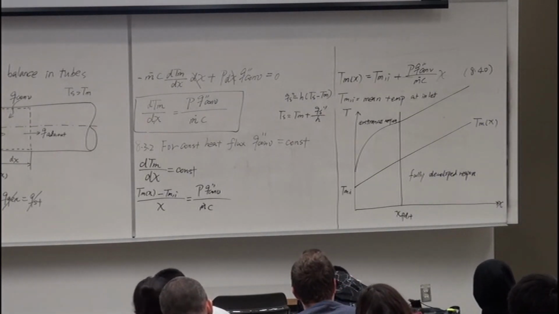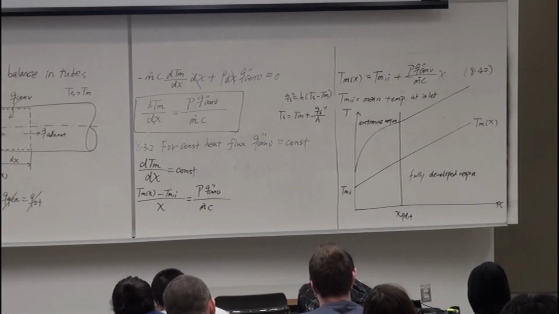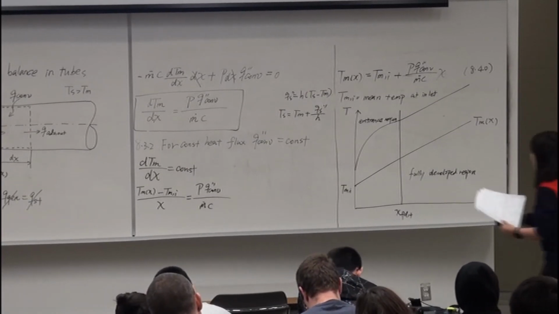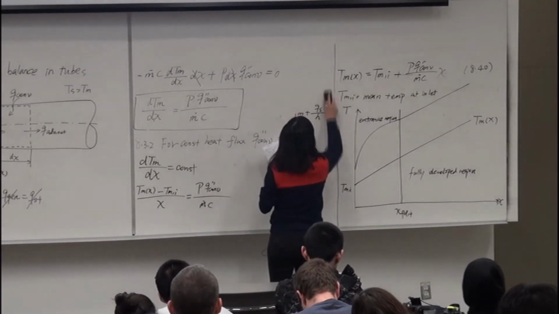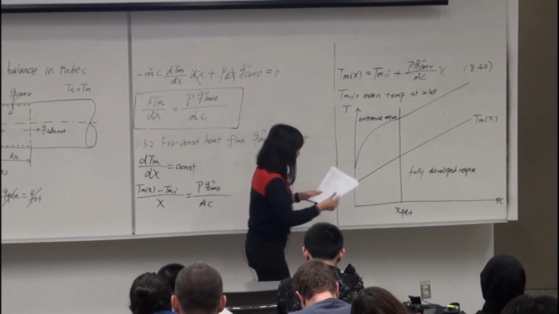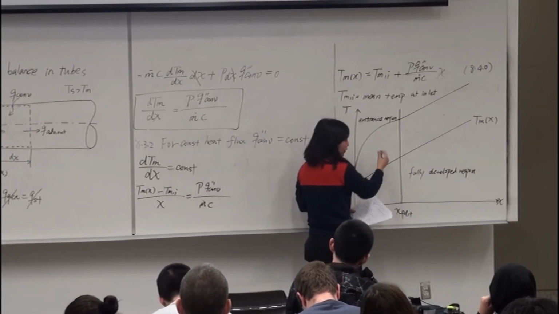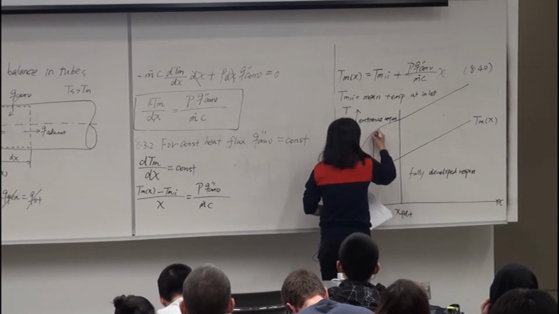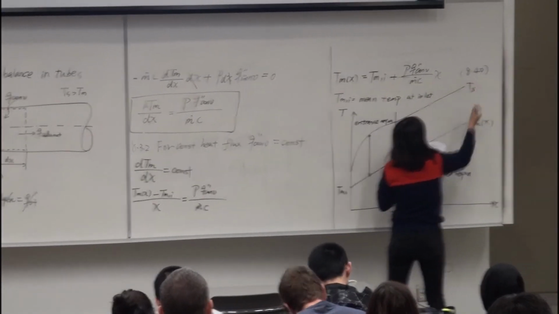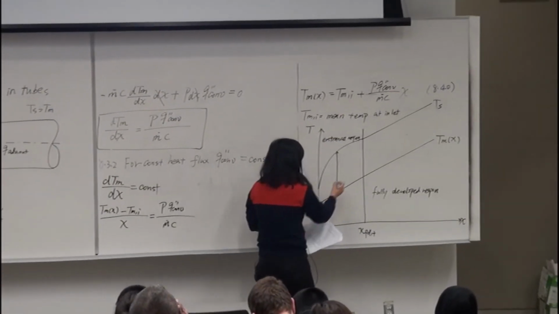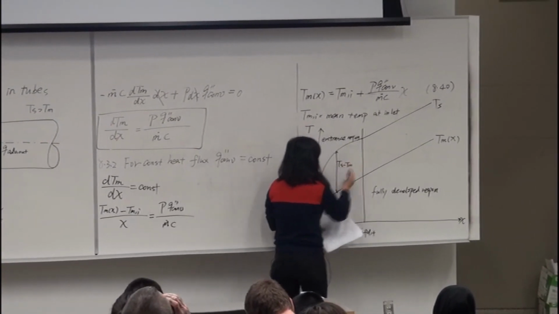Is that clear? It connects all those graphs we learned together. The temperature difference gives us the curve for the surface of the tube. This is our T_s minus T_m.